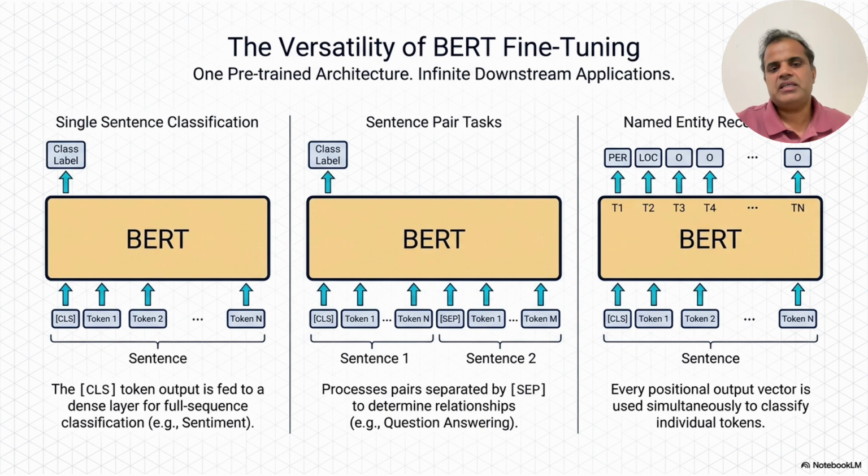For sentence pair tasks like question answering, we use SEP tokens to split sentences and analyze their relationship. Finally, for named entity recognition, we utilize every individual positional output vector simultaneously to label specific words in real time.